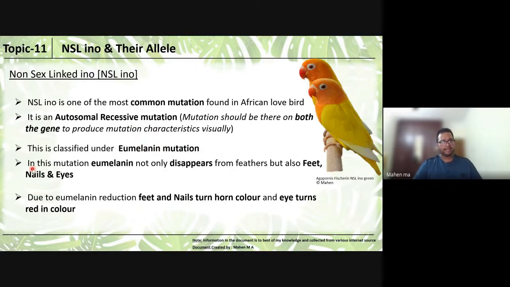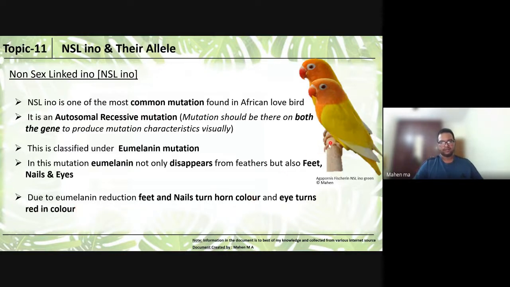Okay, and in this mutation, eumelanin not only disappears from the feathers, but also the feet, nails, and the eyes. You can see the feet, you can see the nails, and you can see the eyes. Because of the eumelanin disappearing, the colors on all these body parts have been affected. And due to eumelanin reduction, the feet and the nails turn horn color.